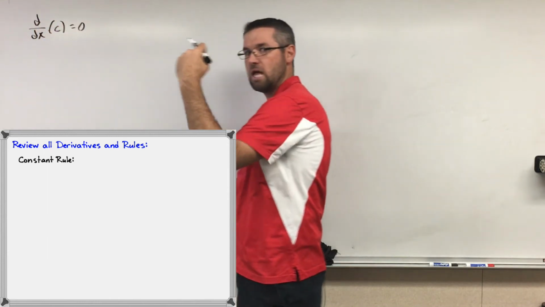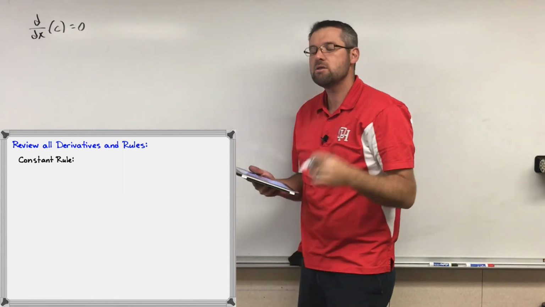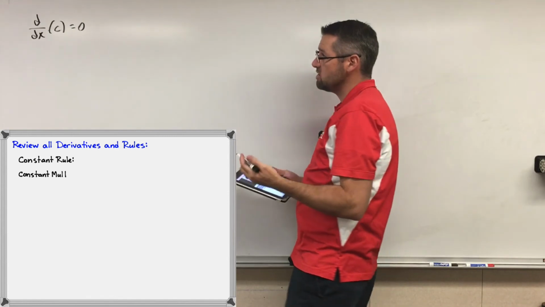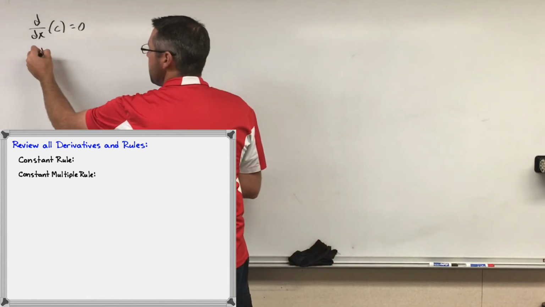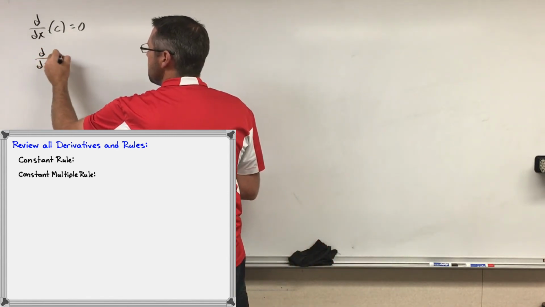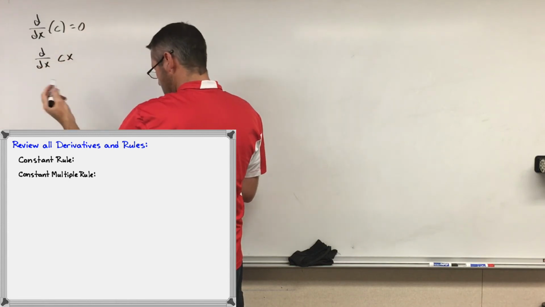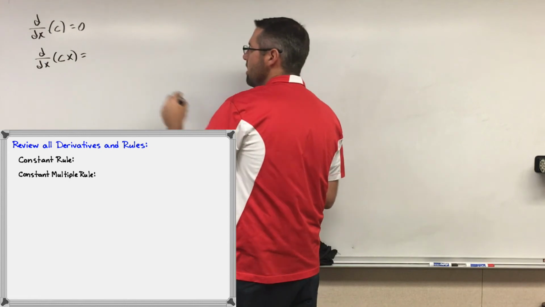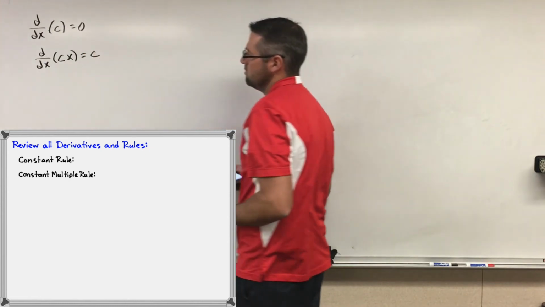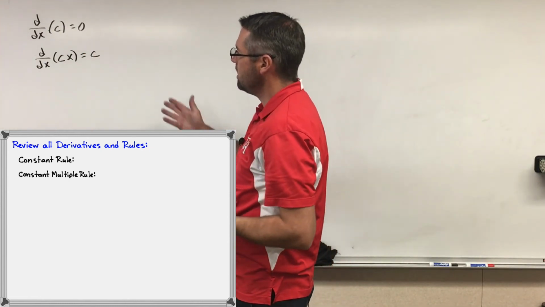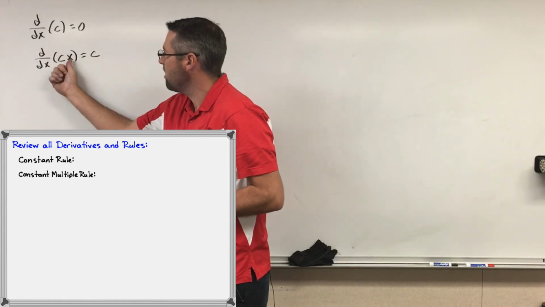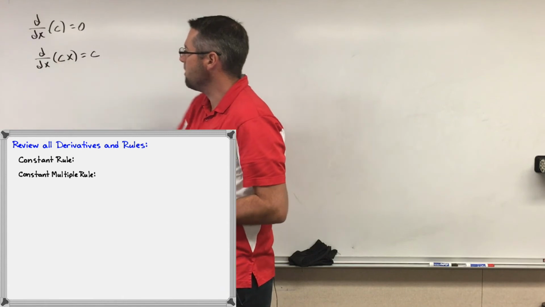If I have a horizontal line, thinking of it graphically, the derivative of a horizontal line is 0 everywhere, okay? Then we have the constant multiple rule, and so if we have the derivative of some constant times a function or times some variable, that derivative is c, okay? Because we basically take the constant out, find the derivative of x, and then multiply it by the constant.